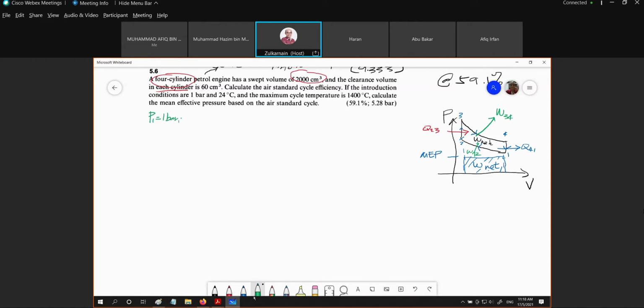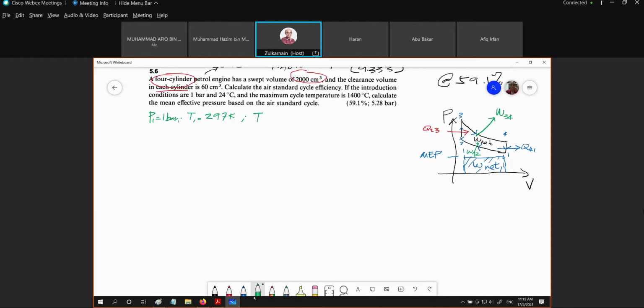And then the 24 degrees C, what is that in Kelvin? 24 plus 273. What is that? 301. No, 297. We convert T1 from degrees C to Kelvin, sorry. This will be 297 K. And the maximum cycle temperature is always referring to the state after the heat addition process, which is T3.